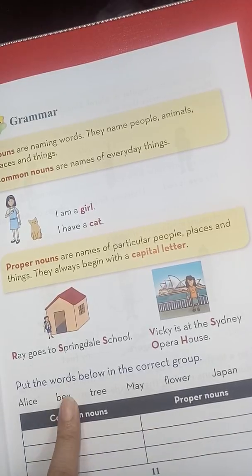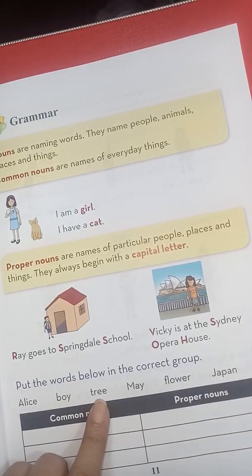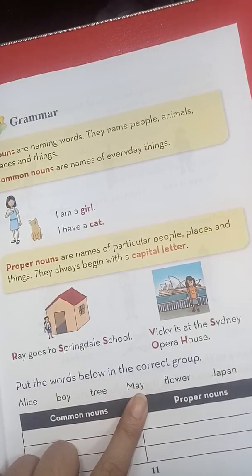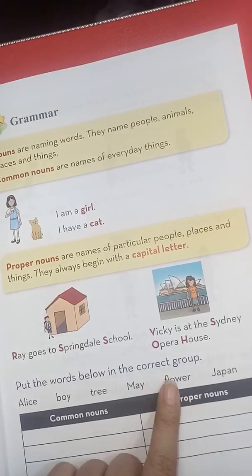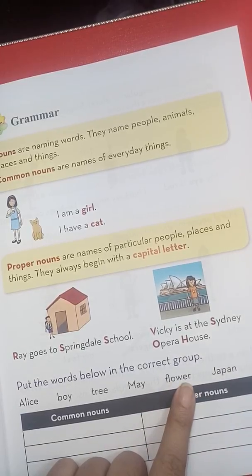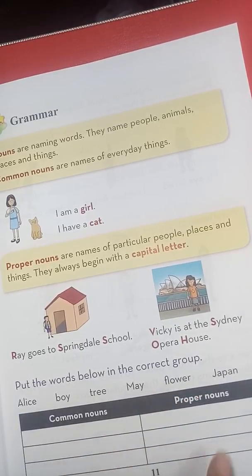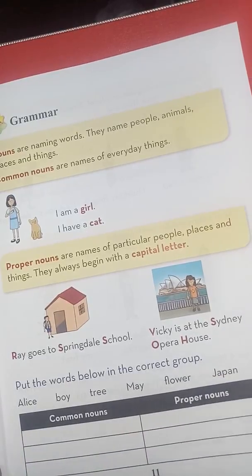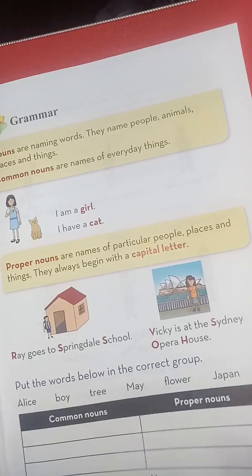Boy, it can be any boy, it's common. Tree, common noun. May, a particular month, it's proper noun. Flower, it can be any flower, simply write it in this column. Then Japan, name of a country, proper noun, so you will write it under proper noun.